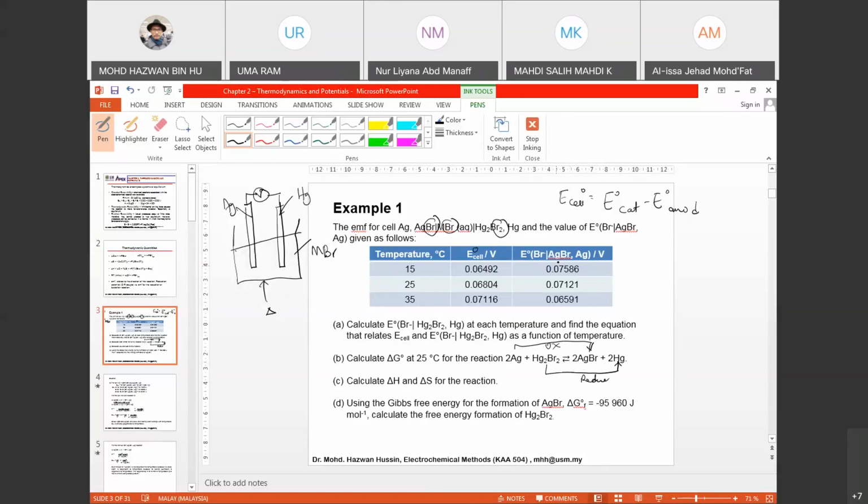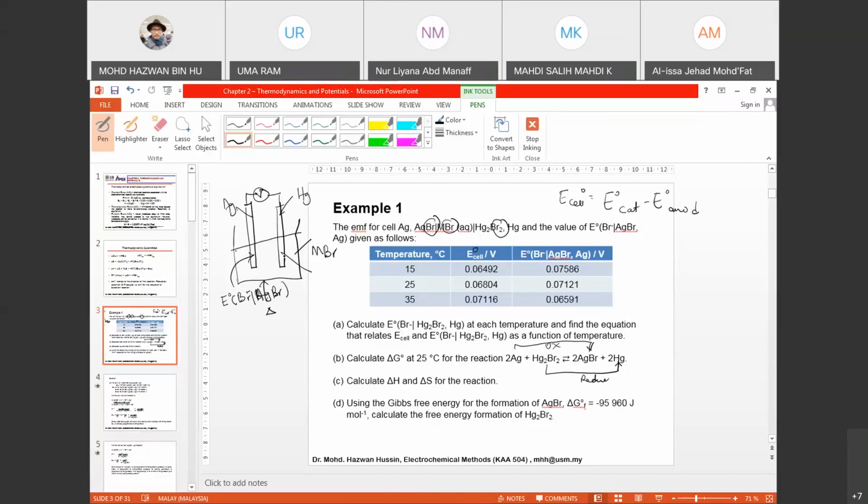So basically, each and every electrode has its own potential value. For example, for silver bromide, this actually has its own standard potential value, which we note as E naught, Br minus, AgBr.